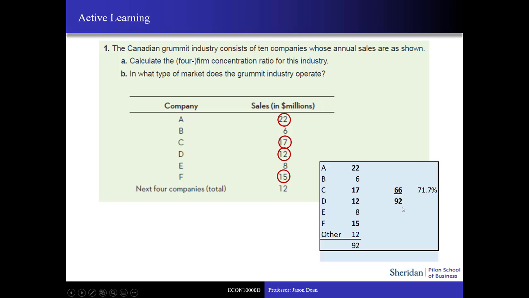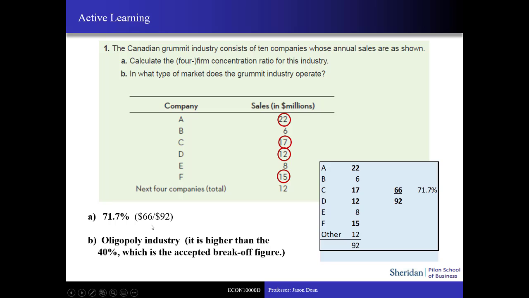So we take 66 divided by 92, and we get 71.7%. This seems to be more of an oligopoly rather than a monopolistically competitive industry. And remember, our rule of thumb is roughly 40%, and we had 71.7%.